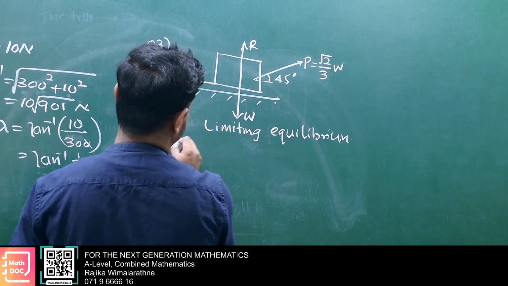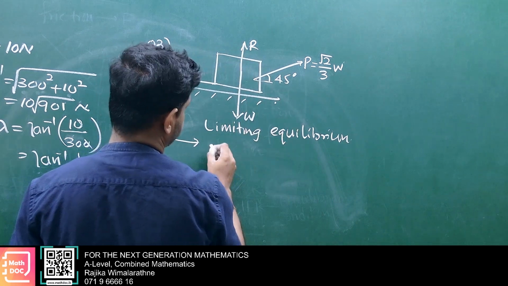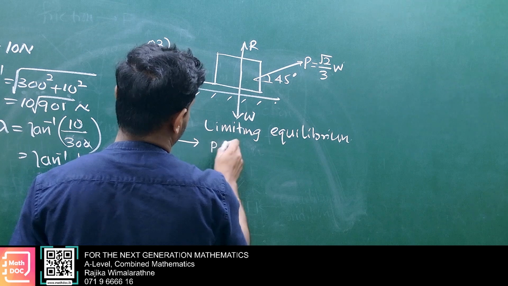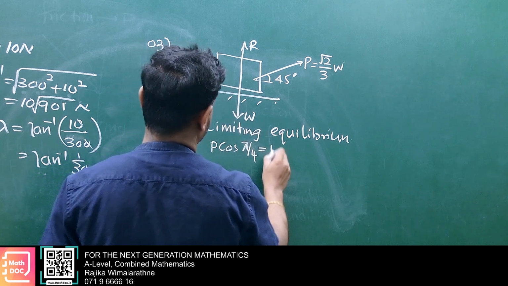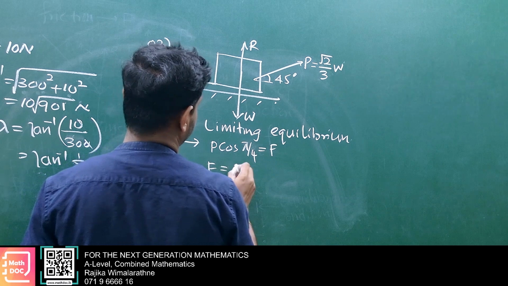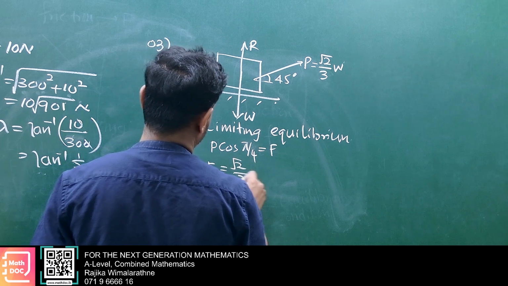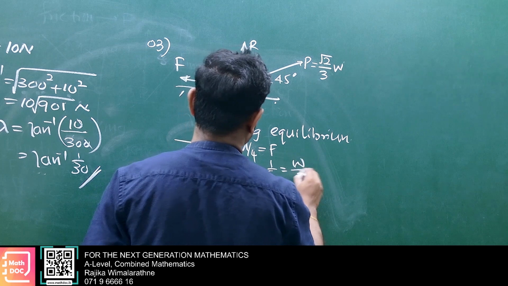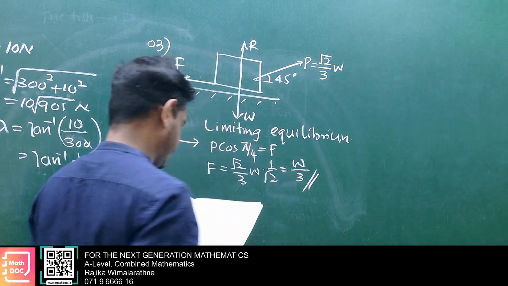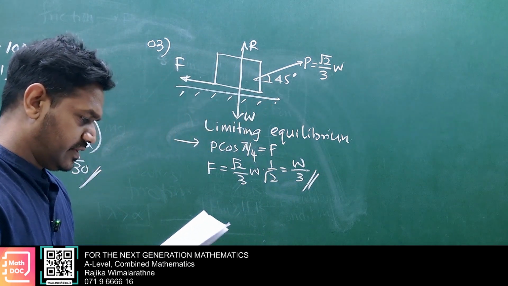Limiting equilibrium. When you consider horizontal forces, P cos 45 equals F. Then F equals root 2 over 3 W times 1 over root 2, which is W over 3. This is the limiting frictional force.